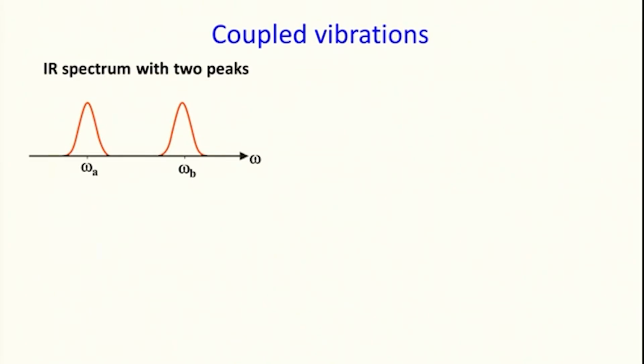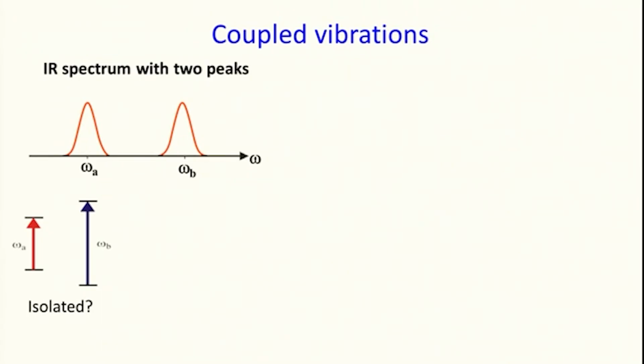Let us say I have an IR spectrum where there are two peaks, omega A and omega B. Now there are two possibilities. One is that omega A and omega B arise from two different isolated normal modes of vibration of the molecule. I am talking about a non-associated isolated molecule now.